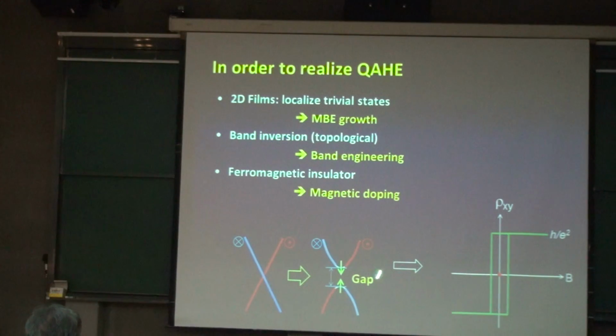With this kind of gap opening, if we measure the Hall resistivity as a function of magnetic field, you should expect this kind of curve for the quantum anomalous Hall effect. Particularly at exactly zero magnetic field, you see the full quantization of the Hall resistance at this value. This is the curve we want to observe by magnetic doping of a topological insulator.